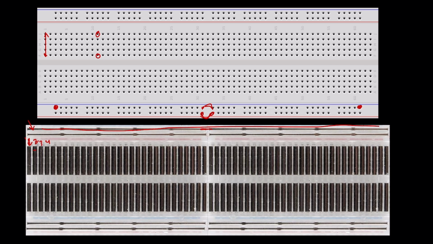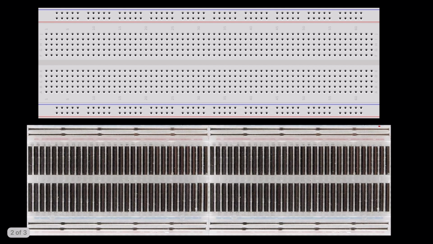Now I told you in general where we use which line. Whenever you get a breadboard, the first thing you need to do is short these two terminals. After that, whenever you are doing any circuit, you will have a voltage source in that particular circuit, right?